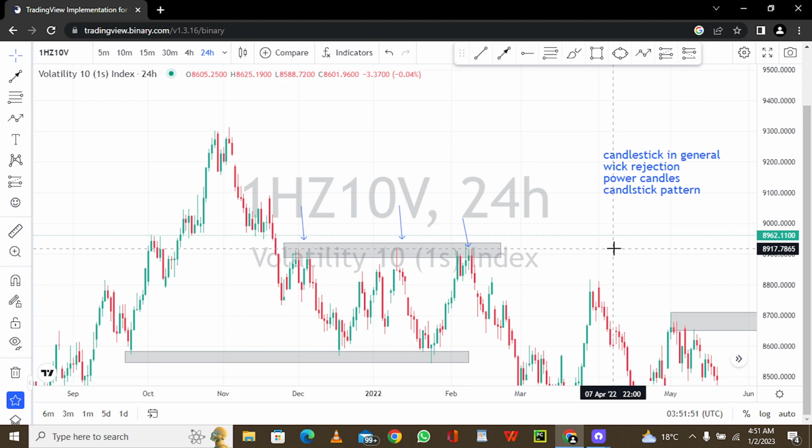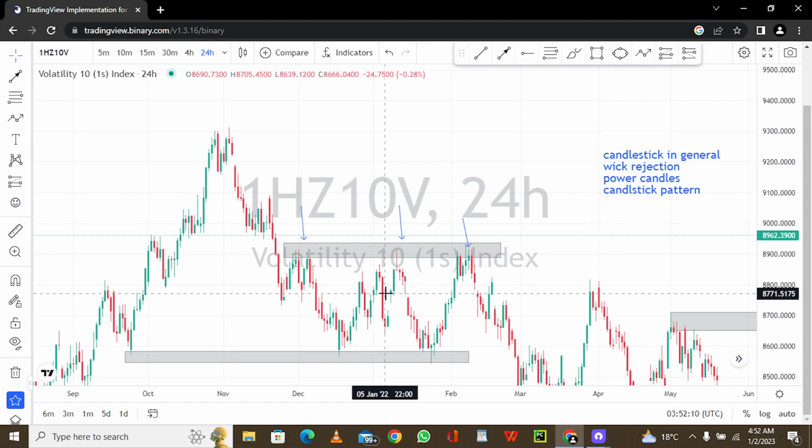And I said power candle does not just tell you that there is a presence of a buyer or a seller. It actually indicates that the buyer or the seller are actively present and they are in control at a particular period of time. Okay, so I will just show you some of your power candles. We have the likes of Marubozu, we have the likes of Harami candles.